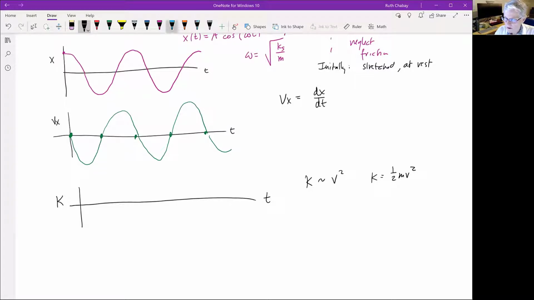So let's see what we can think of here. When v is 0, kinetic energy is clearly going to be 0. So the kinetic energy will be 0 at those points. Kinetic energy is always positive, however. So it looks like kinetic energy will be doing something like that, right?